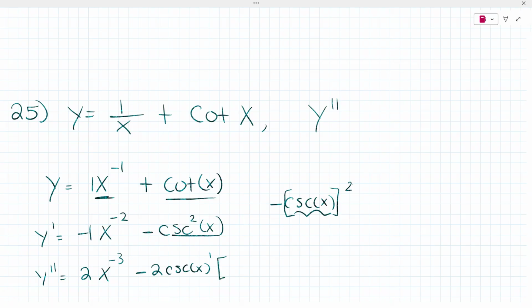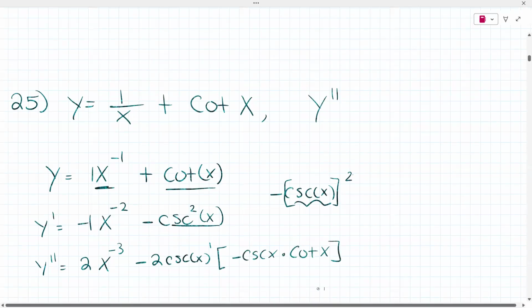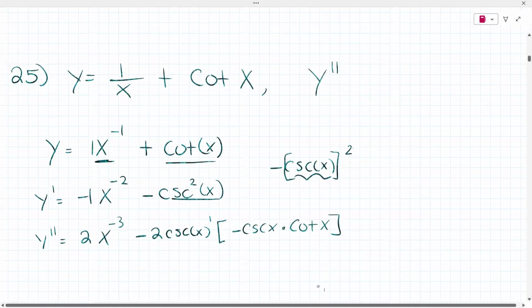So what's the derivative of cosecant? It is negative cosecant of x times cotan of x. Okay, then go ahead and clean it up a bit.